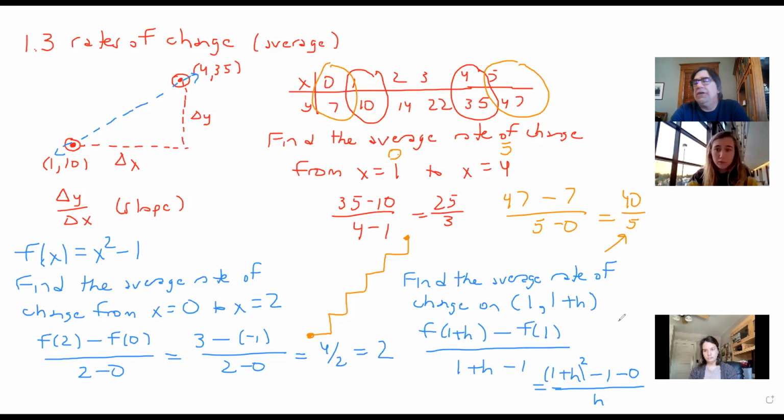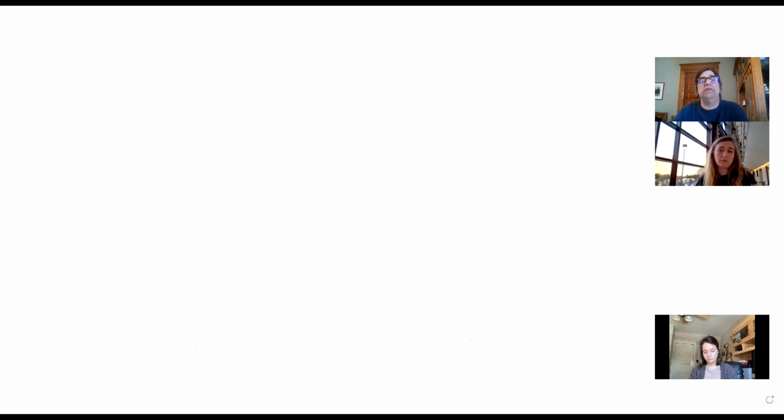The next two sections in chapter 1 talk about forming new functions from old functions. Now, one way to do that is to do operations. So these are in section 1.4. I'll just say new functions from old.